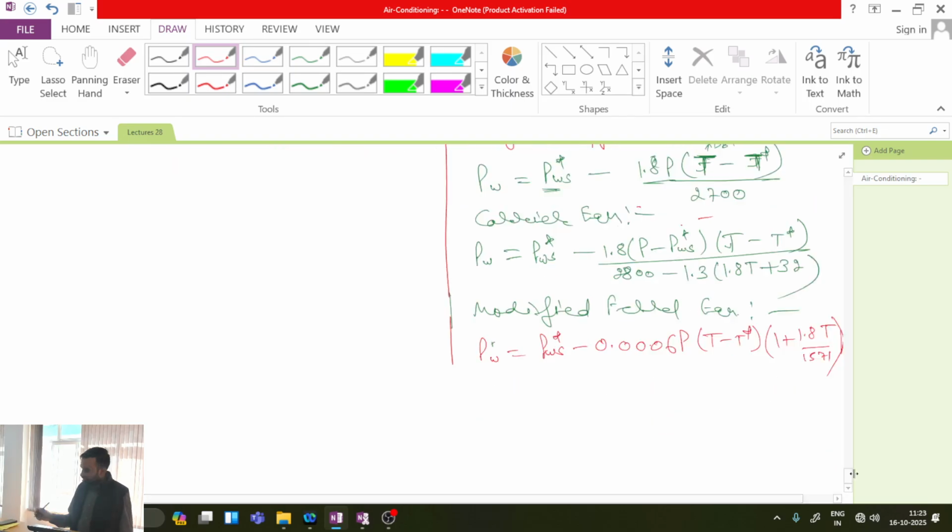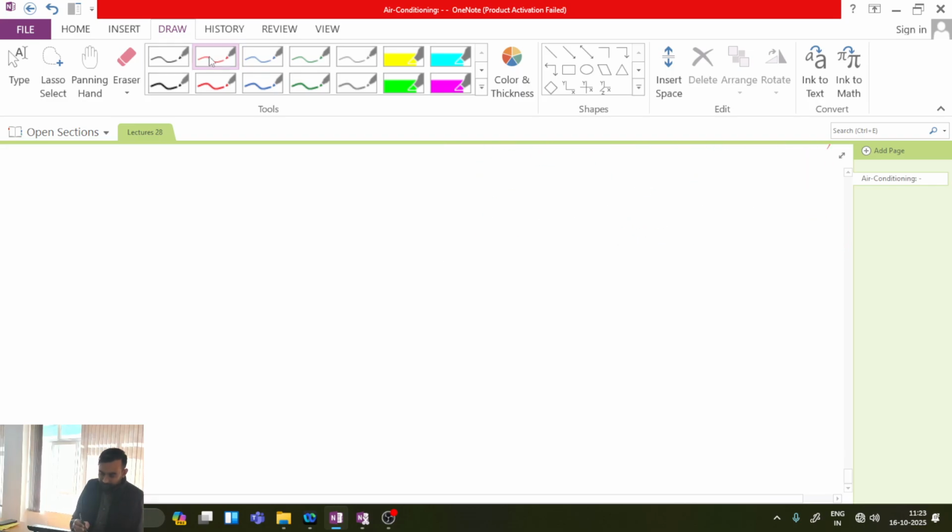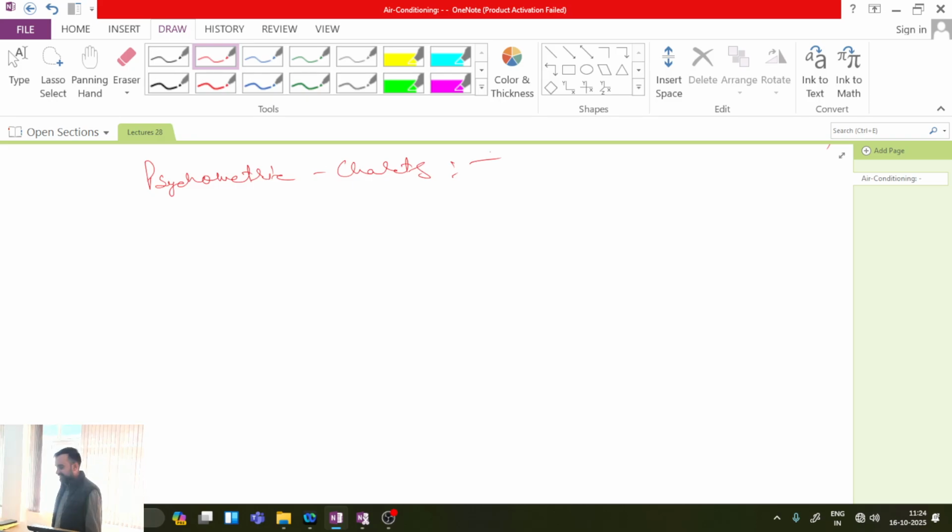Now let's talk about the psychrometric charts. Of course, these charts have evolved long back. Initially Goff and Gratch provided some tables for representing the thermodynamic properties of moist air.